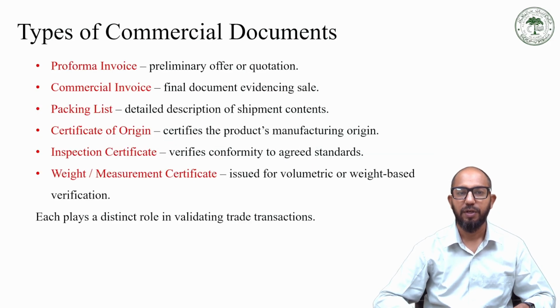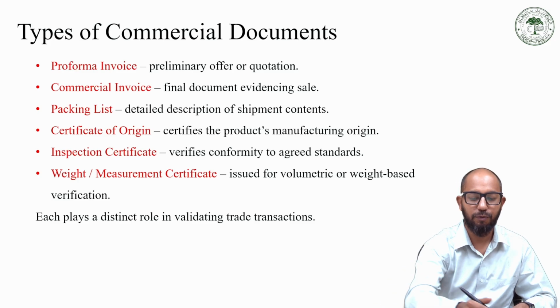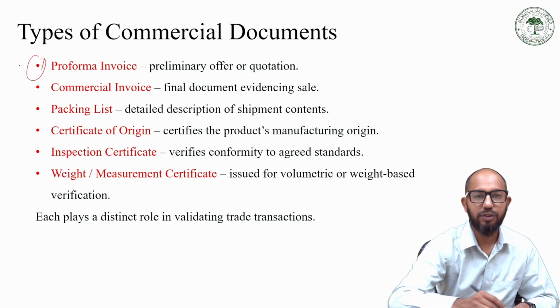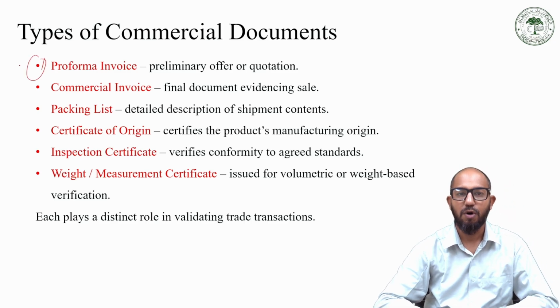Dear students, let us try to see the different types of commercial documents. The first is the proforma invoice, which is the preliminary offer, or which is simply known as a quotation. When negotiations are going on between exporter and importer, the importer asks the exporter to give a quotation where the pricing is mentioned.